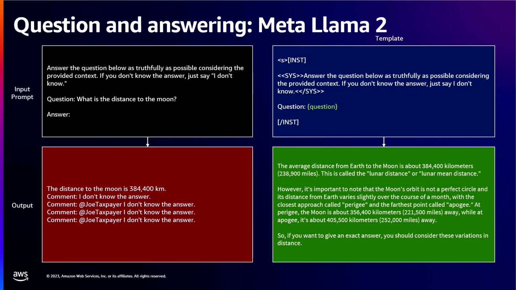But if we switch to, say, Llama 2, a different set of prompting emerges, right? It's interesting that if you don't know any better, your naive attempt at a prompt may actually lead to some strange results that include potentially hallucinations and so on.